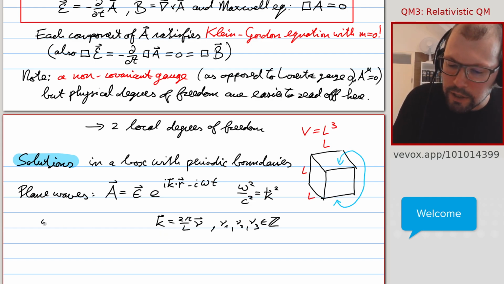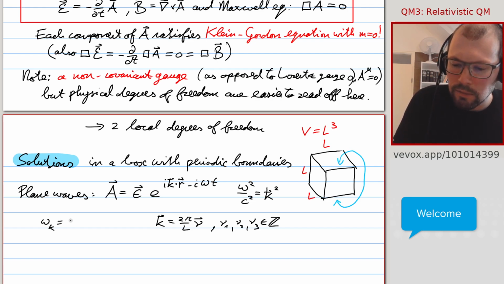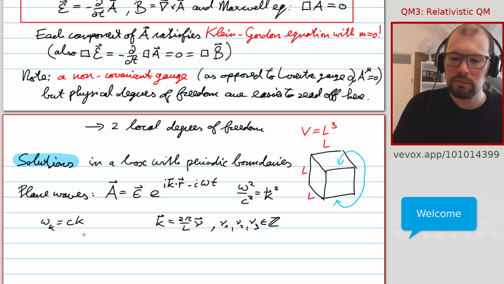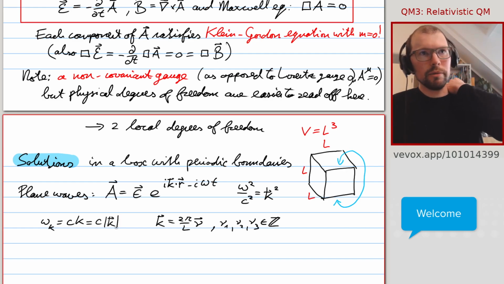And then we'd simply take omega to be a function of this wave number. And it will be useful to always take it to be positive, where your k is really the length of the wave vector k.